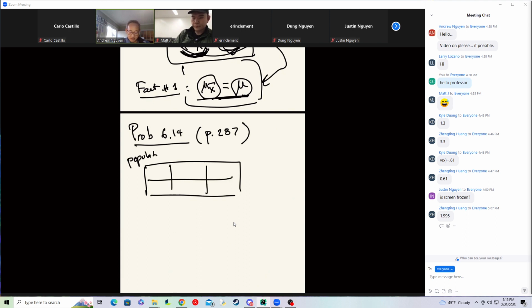I have 3 possible values, 0, 1, 4, and for simplicity, all of them have a 1/3 chance, right? 1/3 of my bags are 0, 1/3 of my bags are 1, 1/3 of my bags are 4. So in part A, we want to know the population mean and the population variance.